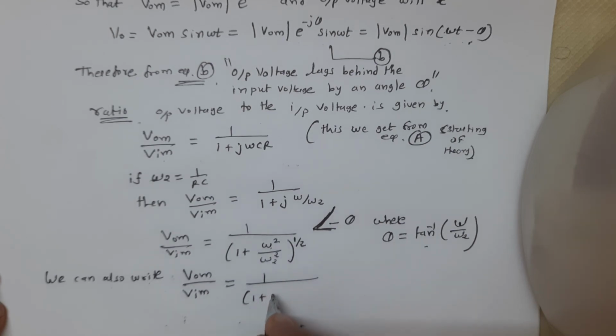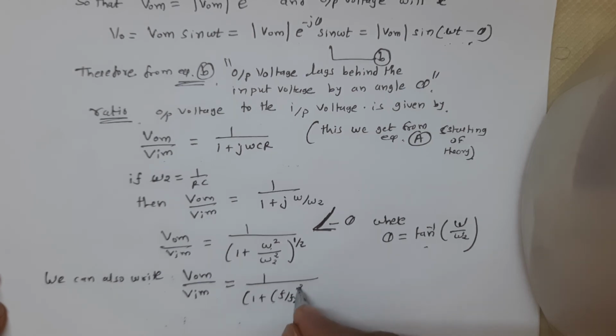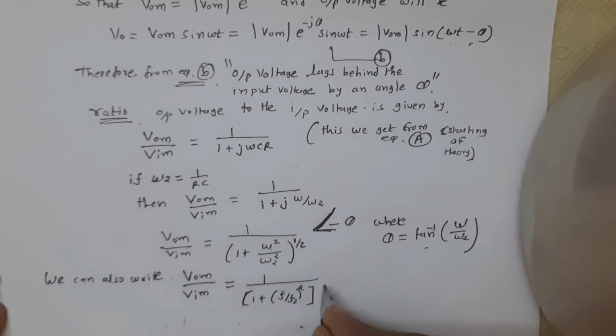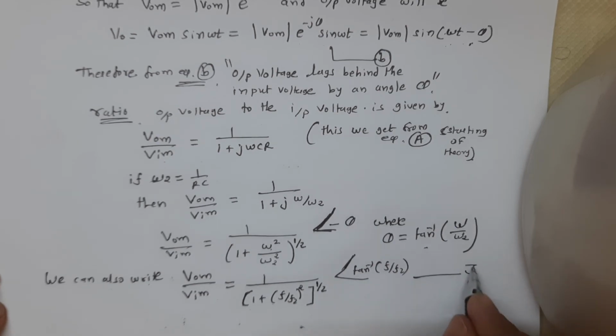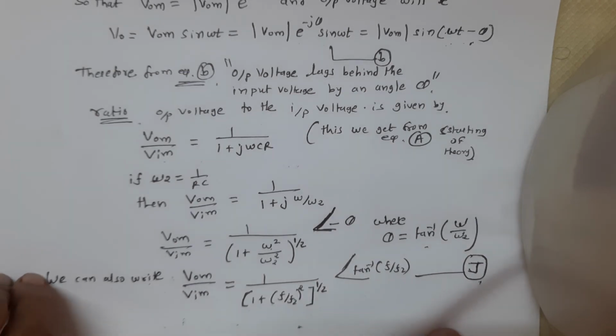So we get 1 plus f upon f2 square, whole raised to 1 by 2, angle tan inverse f upon f2. This is our final equation G.